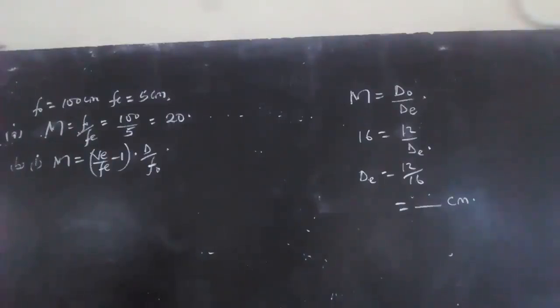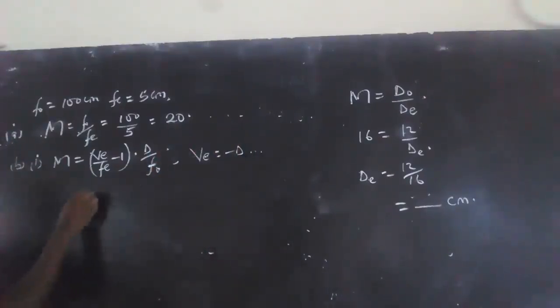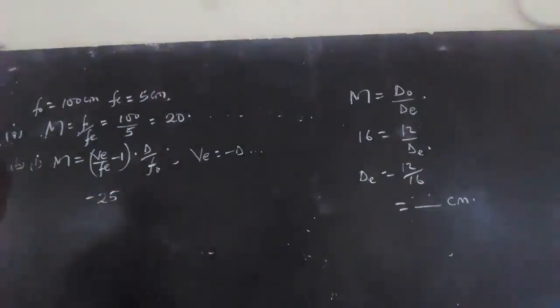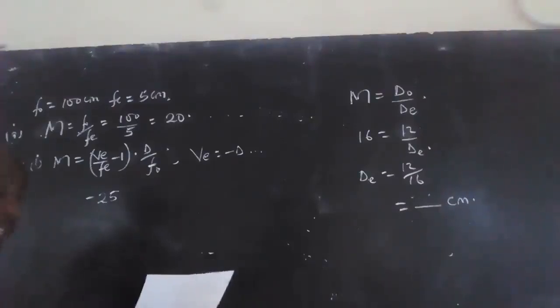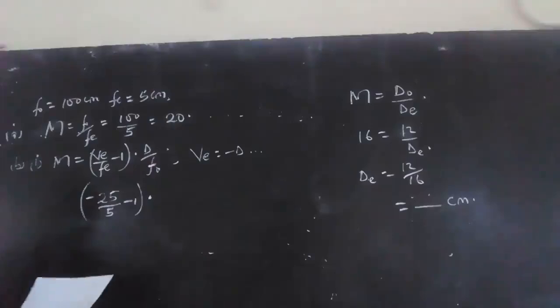So what do we get in that case? We shall be able to get negative 25. But remember, VE is equal to negative D. So negative 25, because it is formed at the near point. At the near point, it is 25 from the eyepiece. So that is negative because the image is virtual. So divided by FE, that's 5, minus 1, times D over F0, where F0 is 100.